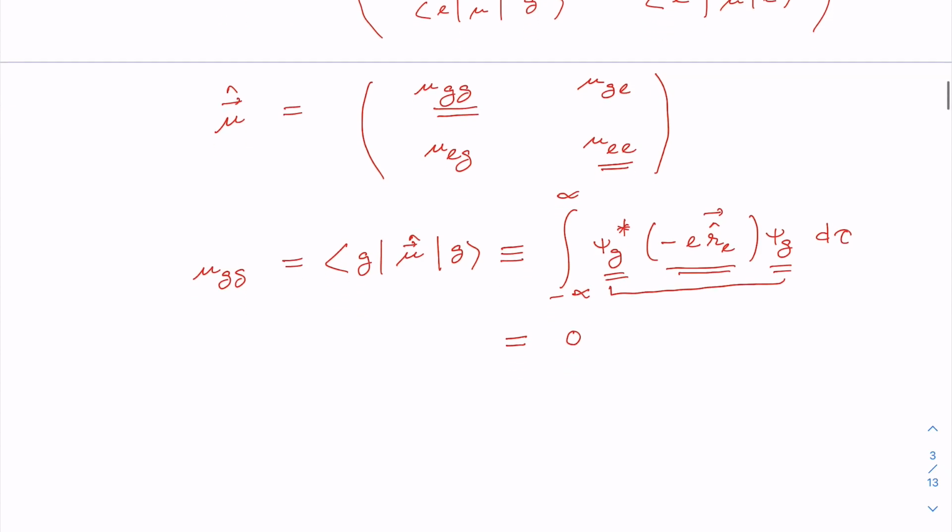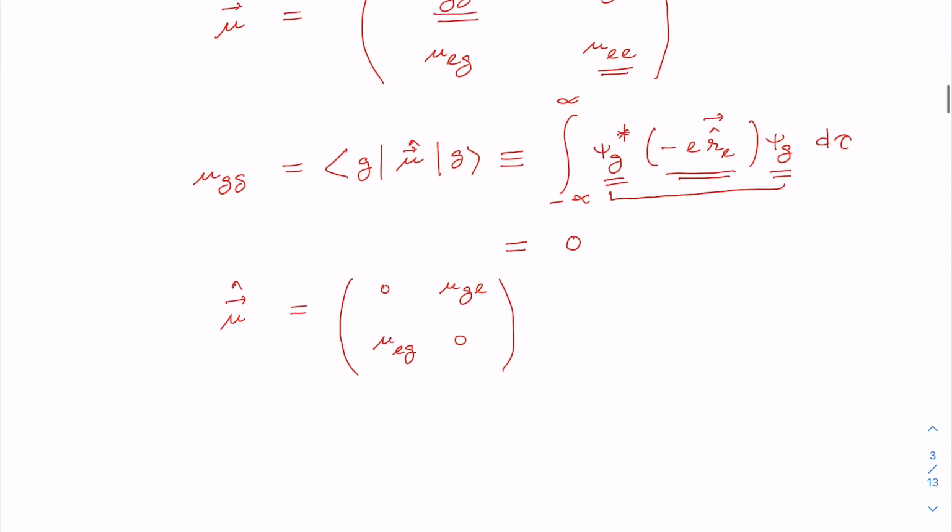That's the reason we don't have the diagonal elements, and we'll have only the off diagonal elements mu_ze and mu_ez.